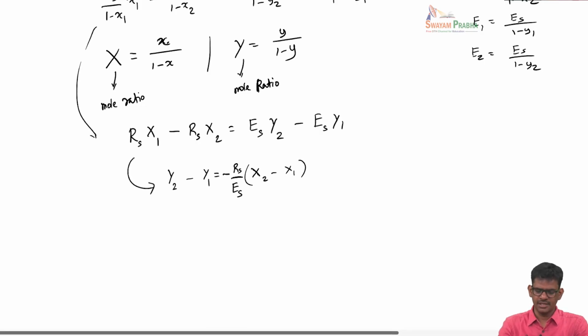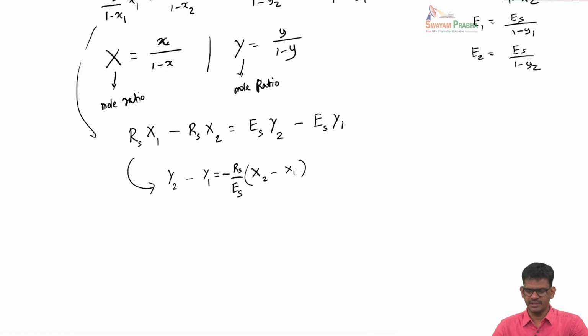So from here I can rearrange this equation as y2 minus y1 is equal to minus Rs by Es into x2 minus x1.